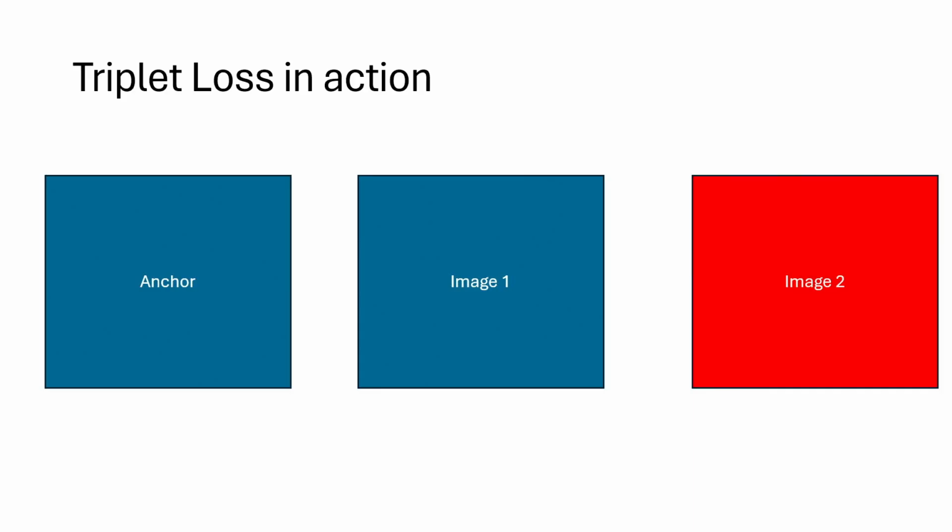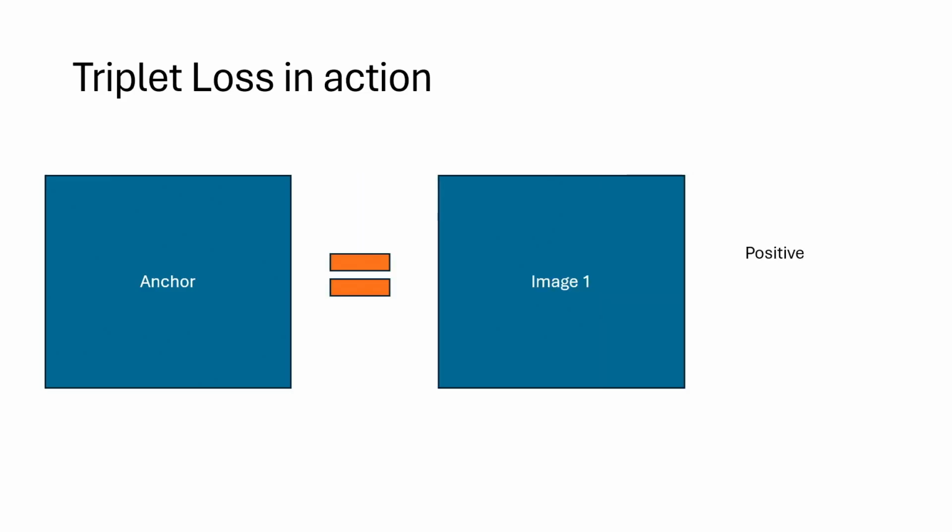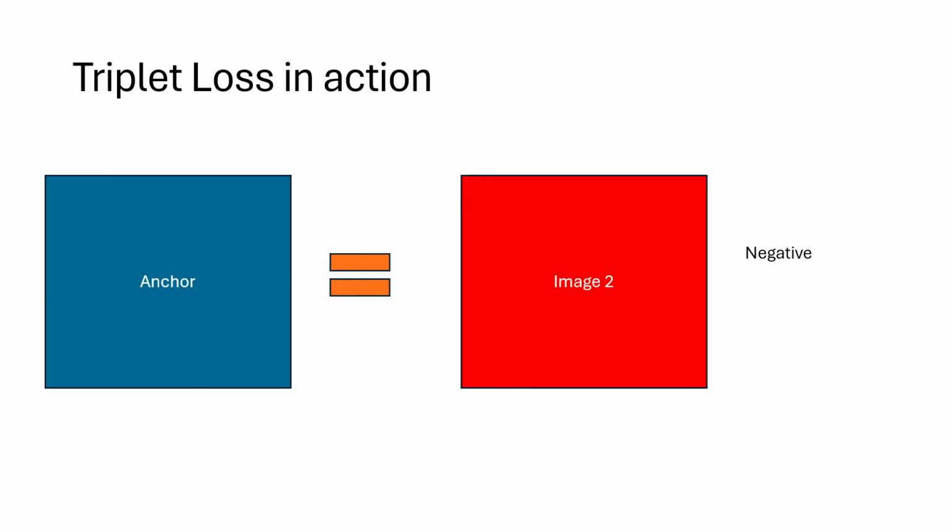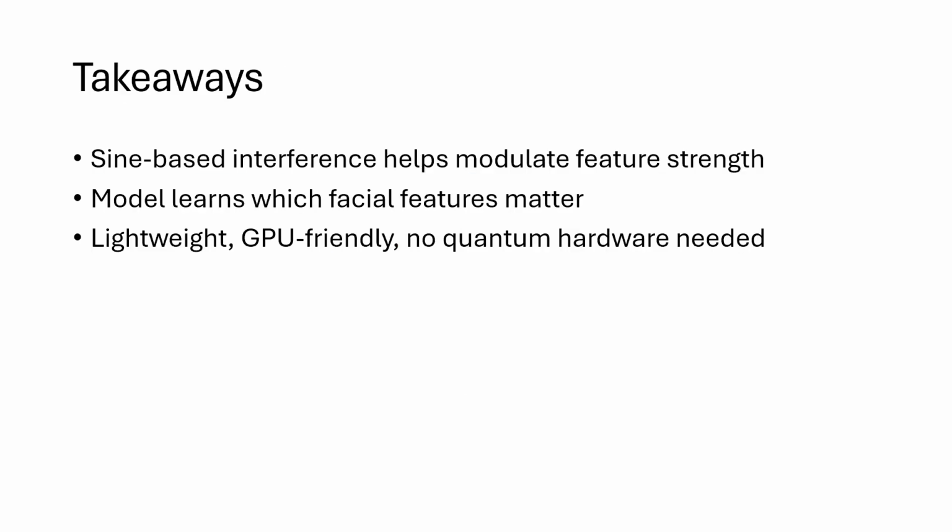But anyway, it's kind of the same thing. The value would be positive if we're talking about the same person, and negative if we're talking about a different person. The main takeaway here is that I give credit to two things.